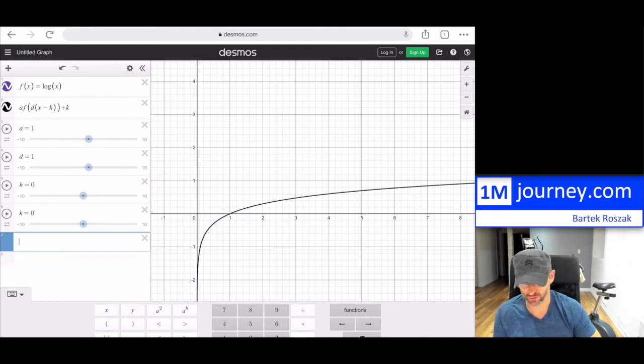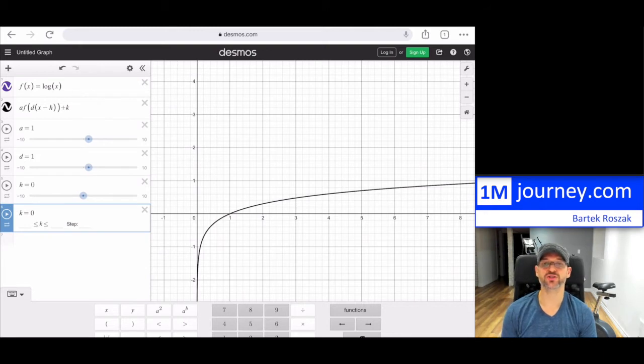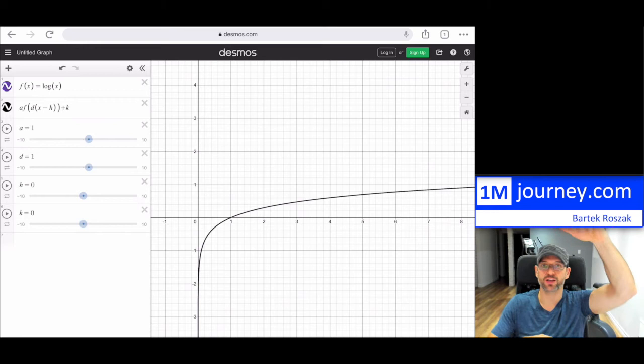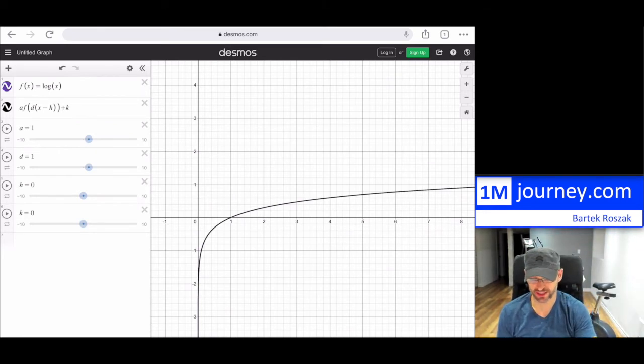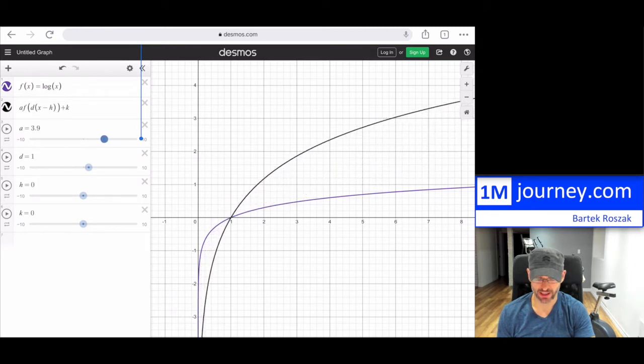Now I'm going to play one by one, first with the a, just so that you can see that it will be stretching out or compressing in the y direction. So first let's keep it positive. If I start playing around with it and make it bigger than 1, notice what it does.